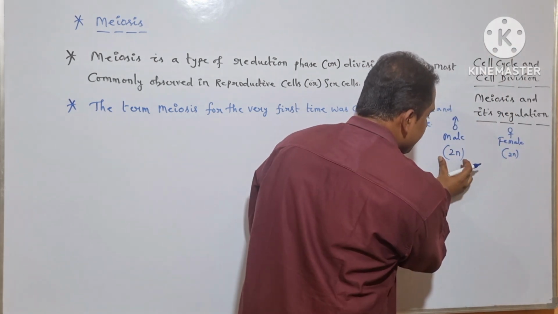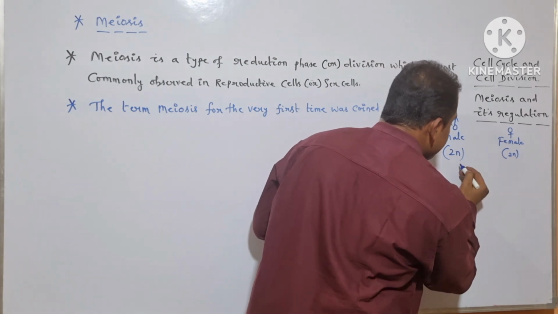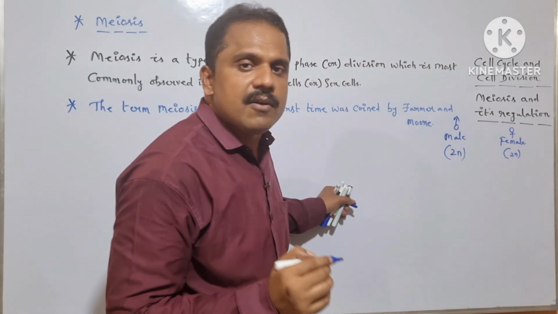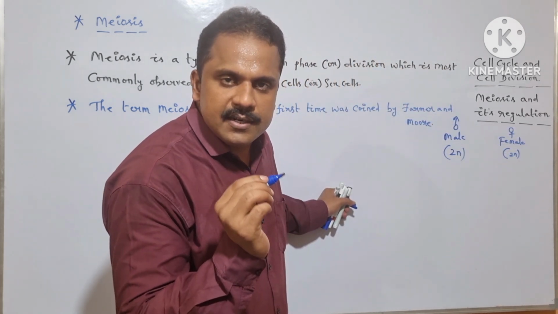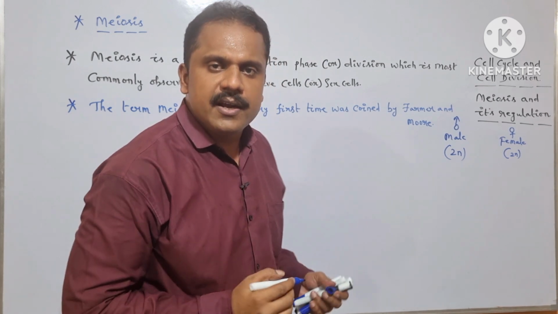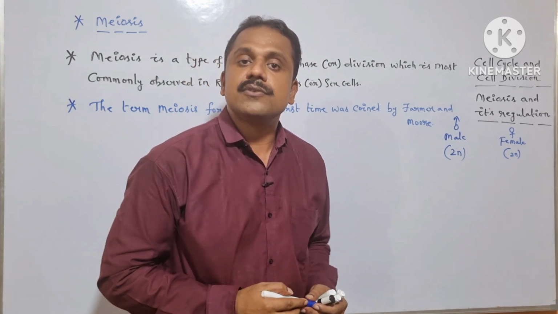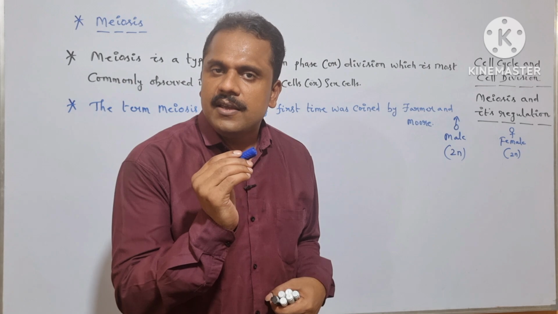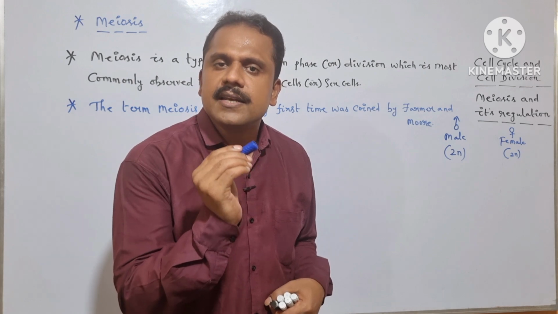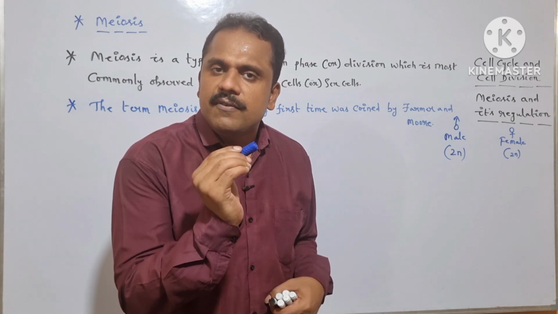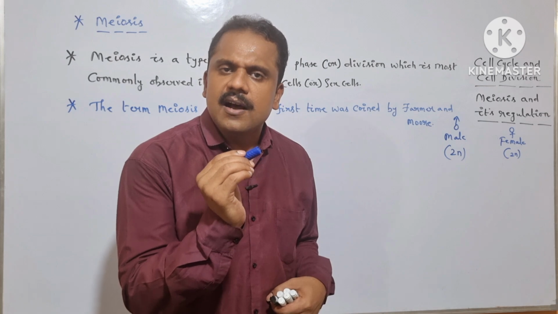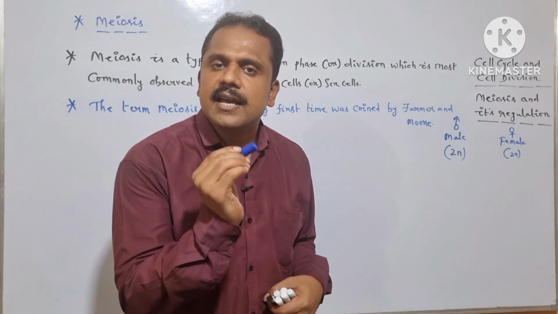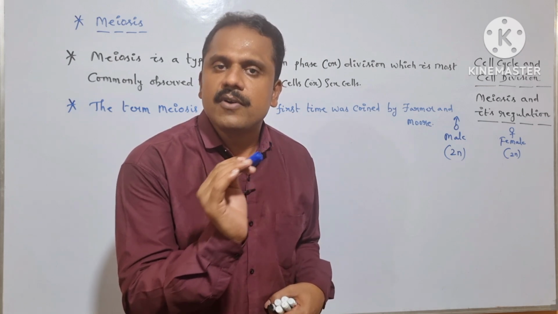If the 2N from the father and the 2N from the mother undergo fusion, it leads to a tetraploid condition. A tetraploid condition can never give rise to a young organism. Always the 2N condition gives rise to a young organism, because all the cells in humans are diploid in nature, not tetraploid.